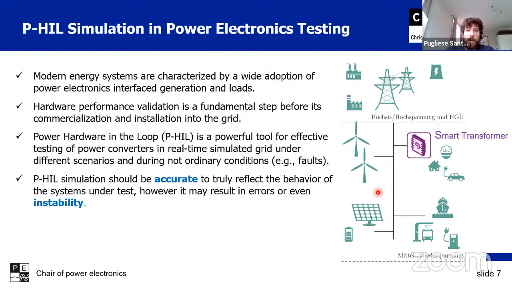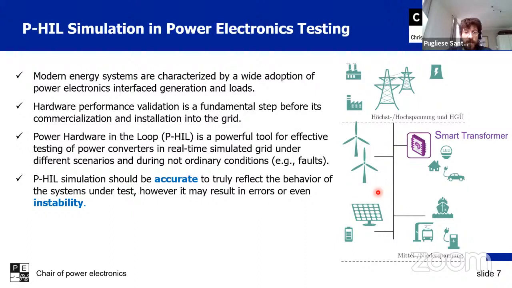So you can also emulate whatever kind of faults you want to represent, while this is difficult in the case of a real grid. So it means that just by changing some control parameter or some structure in your emulated grid, you can emulate asymmetrical faults because you want to test the low voltage ride-through capability of your devices without, let's say, having an impact on a real grid.